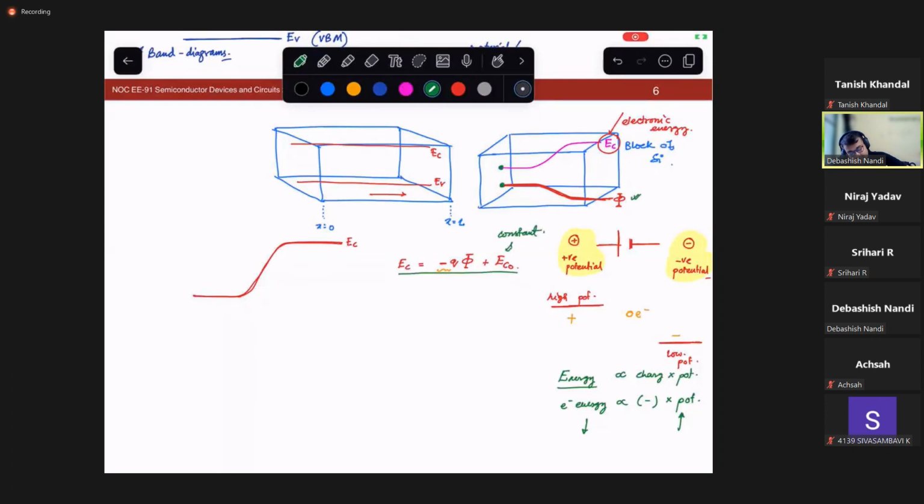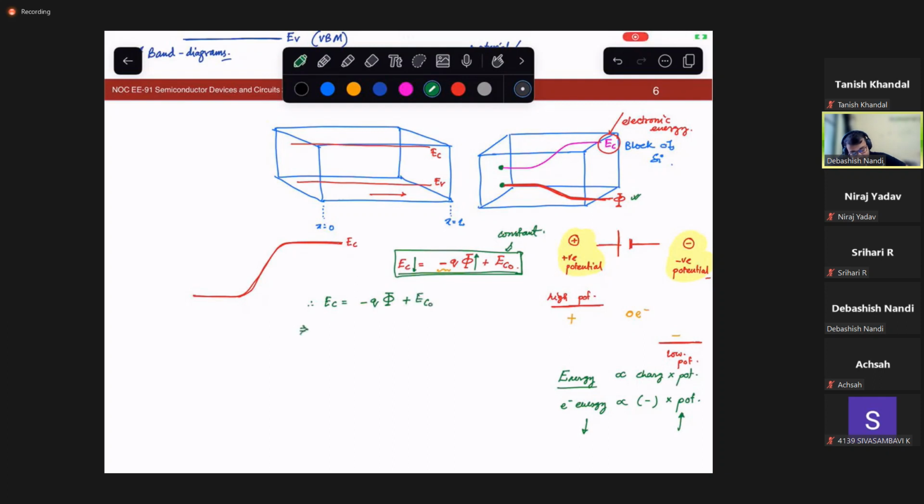This relation is fine with you, right? The logic behind this relation is that as my potential increases, electronic energy will decrease. So I have EC equal to minus Q times potential plus EC0.